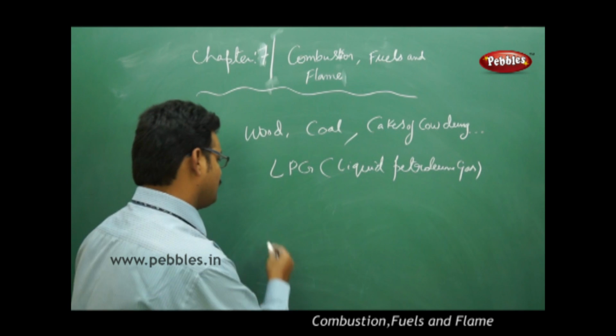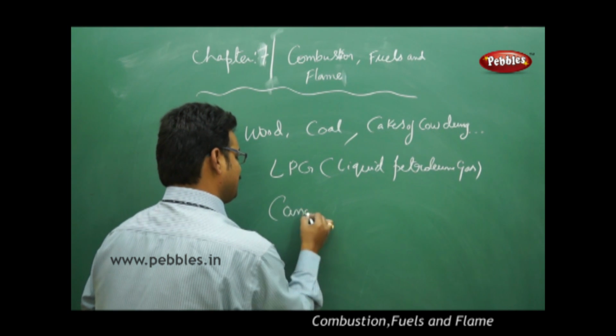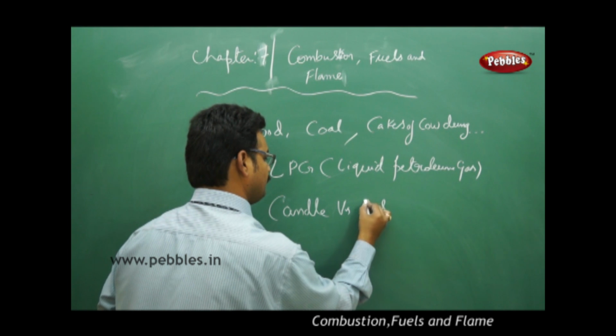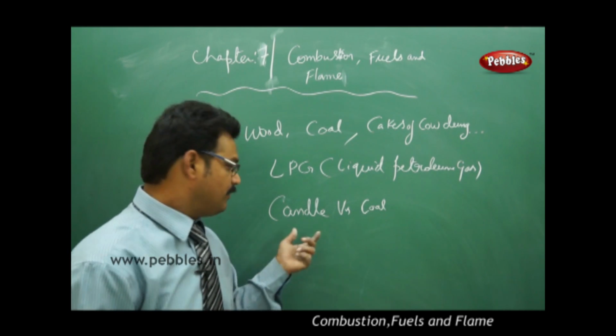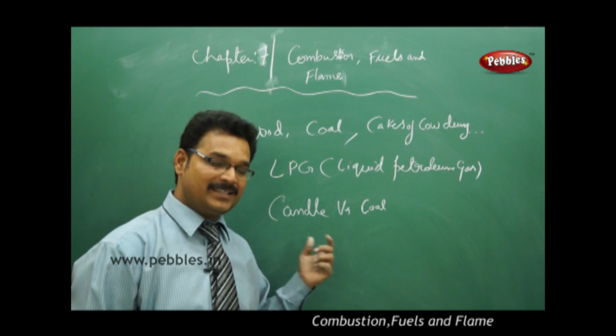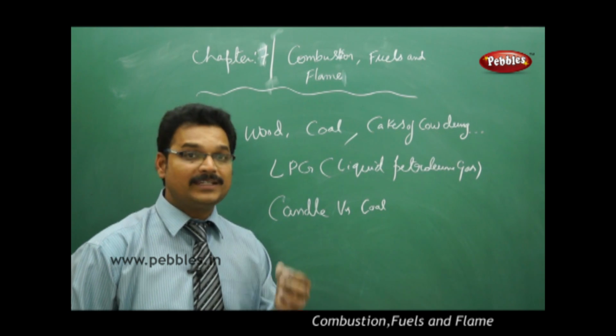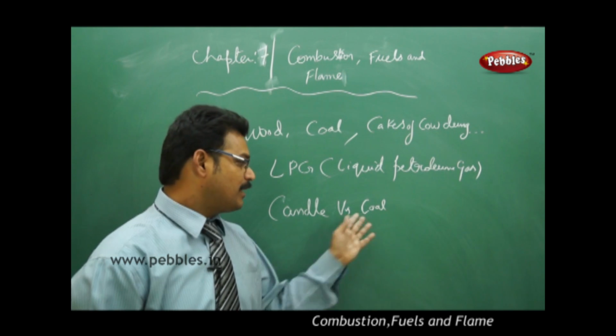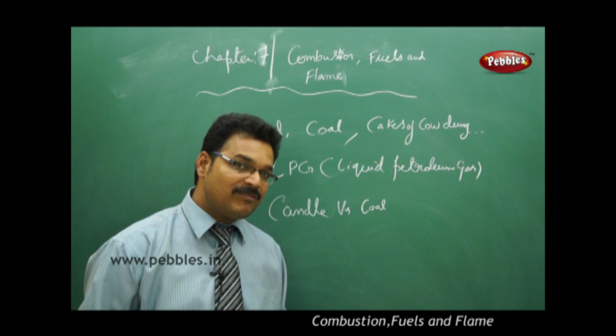Now, take the other two examples, candle versus coal. If you light the candle, you get a flame at the wick of the candle. But if you burn the coal, you're not getting a flame. Why?